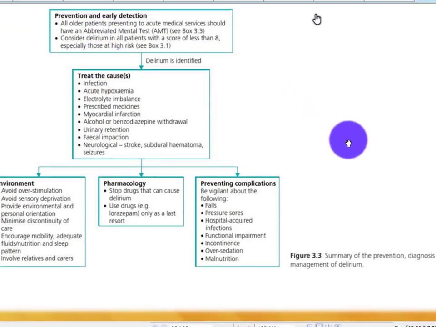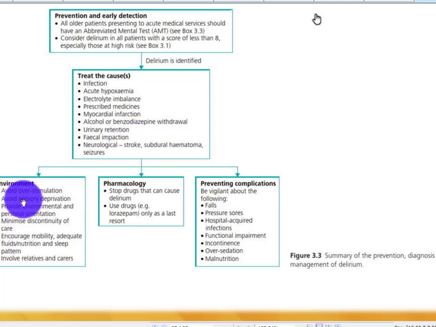This is our scheme for dealing with delirium. Summary for prevention, diagnosis, and management. Treat the cause: infection, acute hypoxemia, electrolyte imbalance, prescribed medicine, myocardial infarction, alcohol or benzodiazepine withdrawal, urinary retention, fecal impaction, neurological stroke, subdural hematoma or seizure.